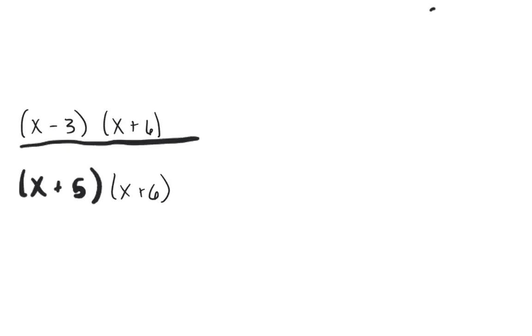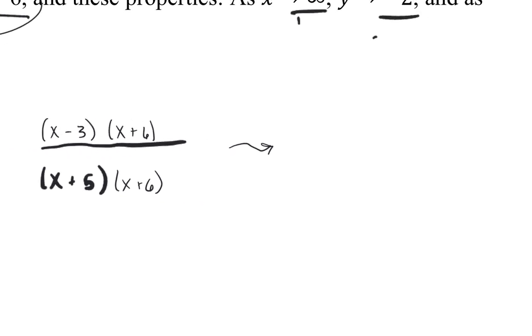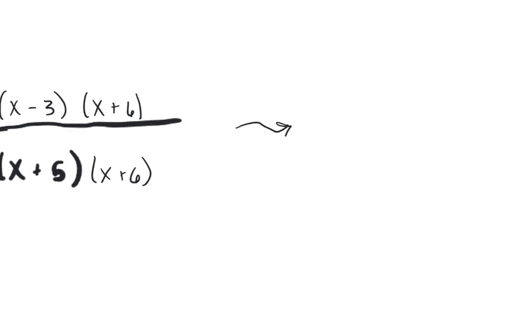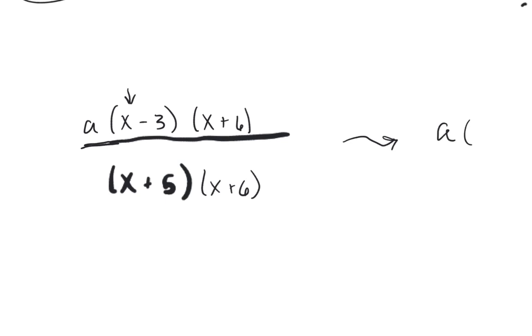So if we think about our rational function, the limit as x goes to infinity or negative infinity is going to be determined by our leading coefficient. So I'm just going to put an a term in front to act as a multiplier. We have a times our leading coefficient in the top, which is going to be x squared. Our leading coefficient in the denominator is also going to be x squared.